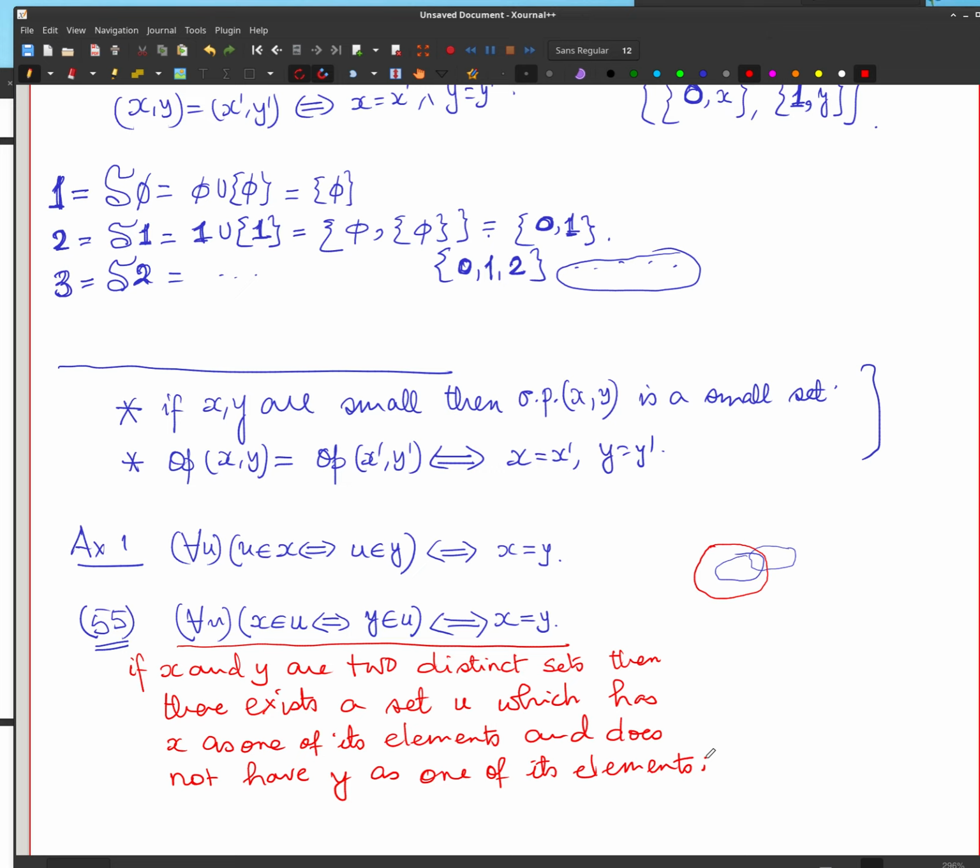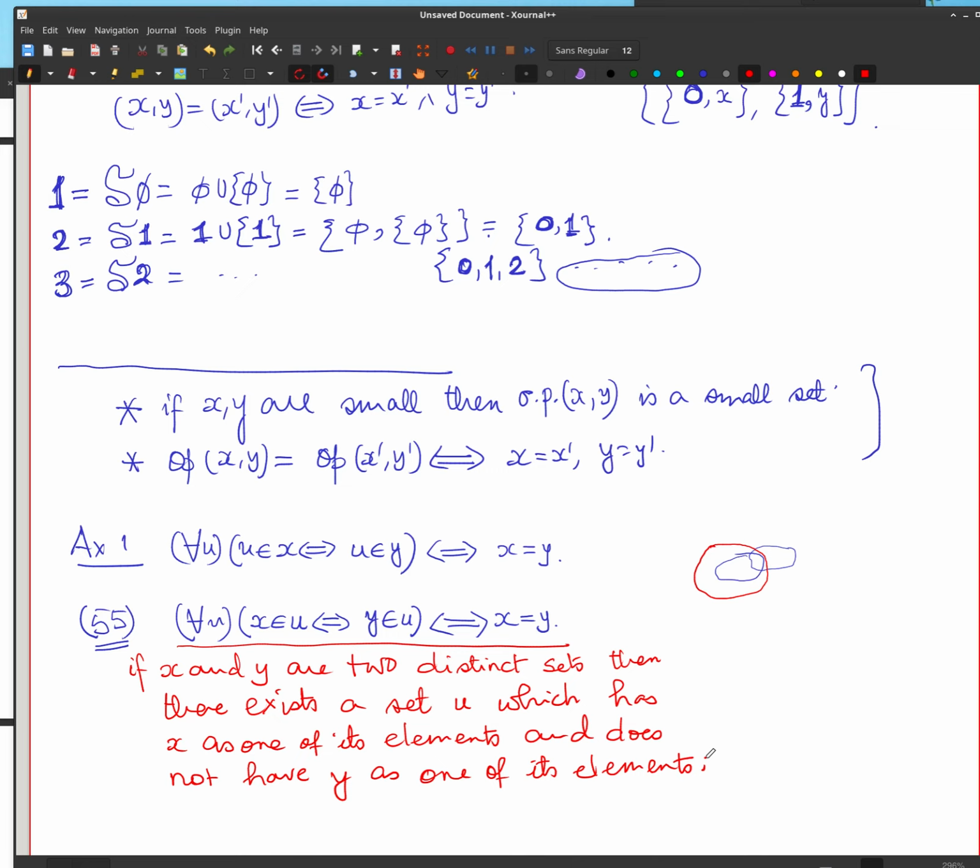Now, how do you make the singleton x? That is the set which comes from set building. It is the set of Z such that Z is equal to x. So this set is actually singleton x. So this singleton x therefore contains x but doesn't contain y. Good.